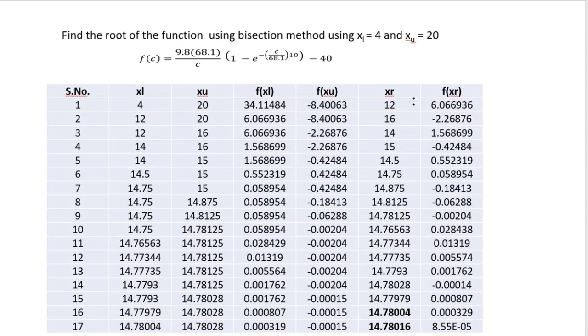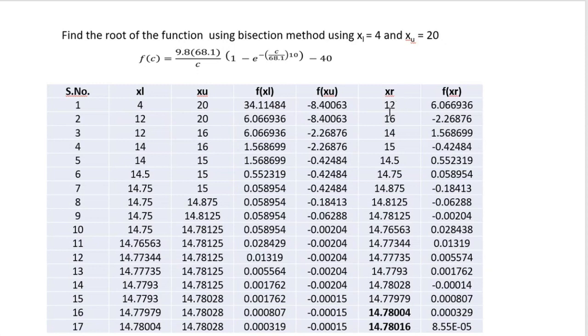Then we calculate XR, which is equal to (XL plus XU) upon 2. For the first iteration, XL is 4, XU is 20. So 4 plus 20 I get 24, and 24 by 2 I get 12. So the new value of XR becomes equal to 12.